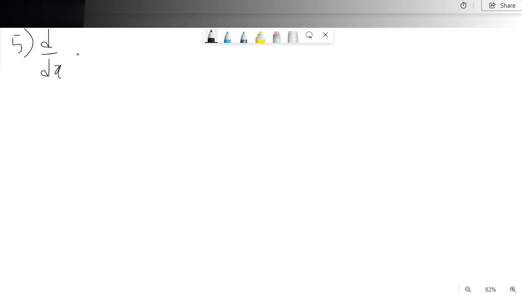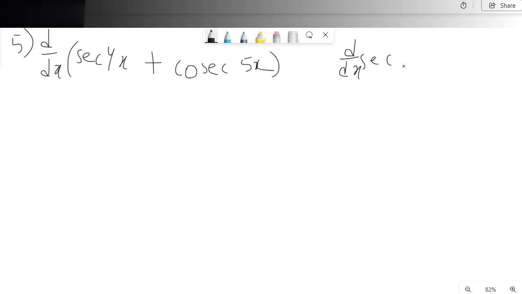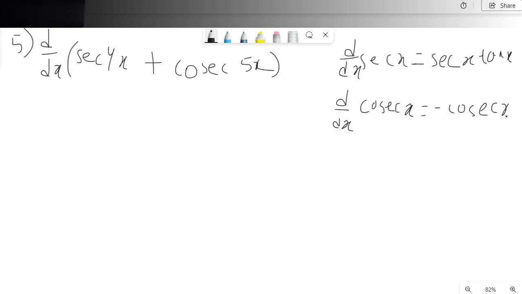For the last math, we have sec 4x plus cosec 5x, and if you remember the derivative of sec x, which is sec x tan x, and for cosec x it is minus cosec x multiplied with cot x.